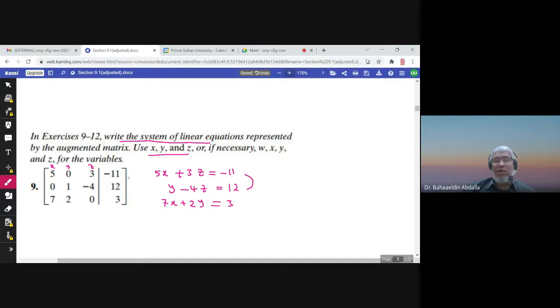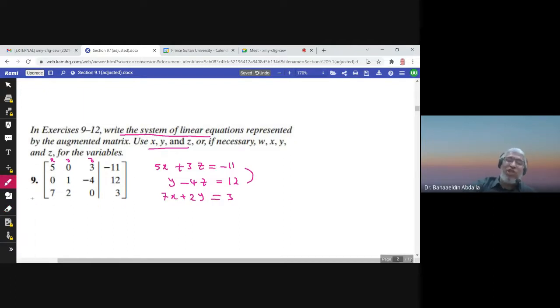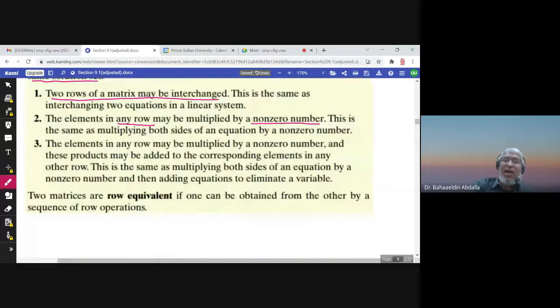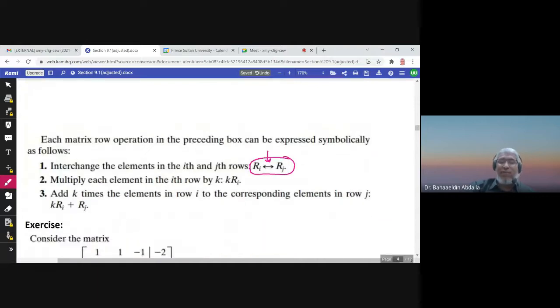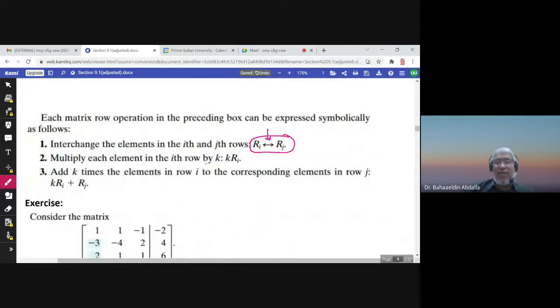No, because you are dividing this equation by 5, and when you divide the equation by 5 or multiply by 1 over 5, you do not change the equation. You do not change the solution of the system. So you can multiply by a non-zero number whenever you need. We write it like this, kRi, which means I will multiply Ri by the number k, which is a non-zero number.